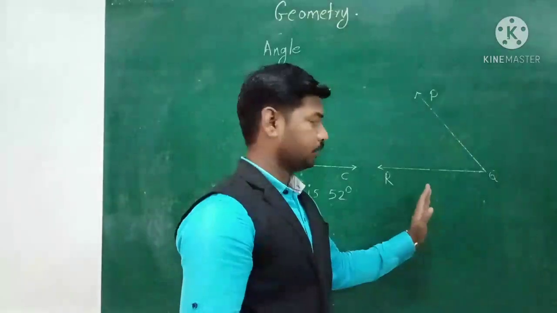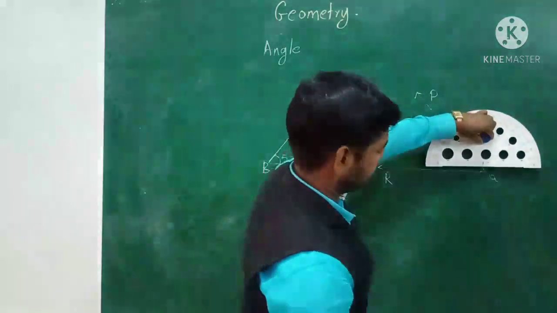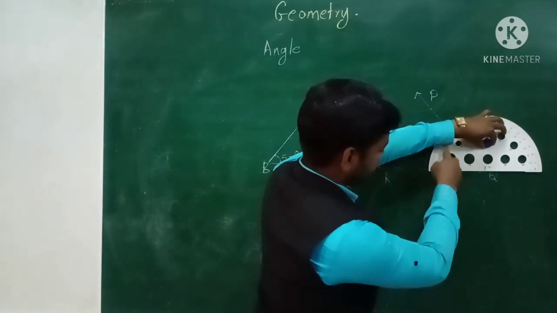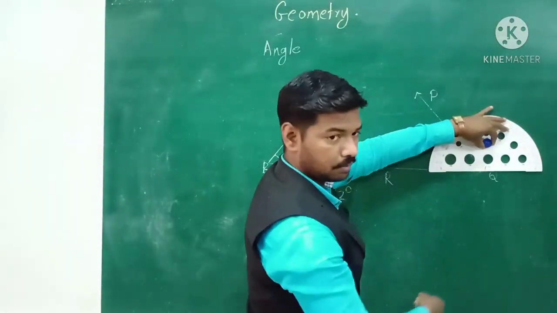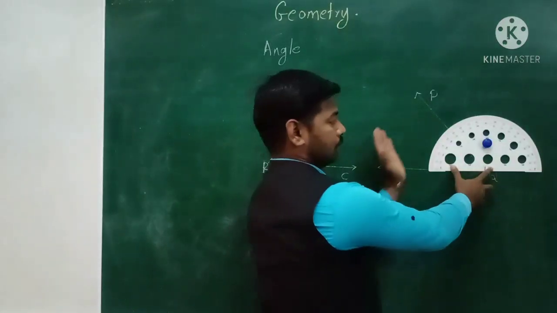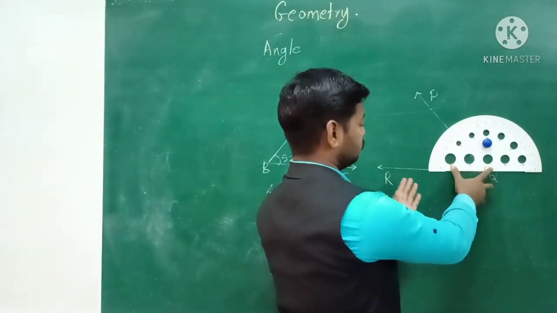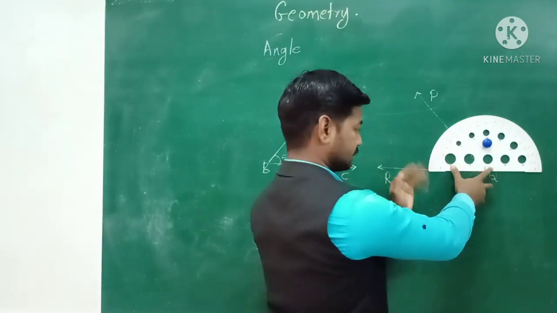Now I will show you how to measure this angle. First we have to place the center of the protractor on the vertex. Then we will adjust the baseline of the protractor on one of the arms. Now you will see the angle is created from clockwise direction. So for clockwise direction we have to use the marking which is given from the outer side.